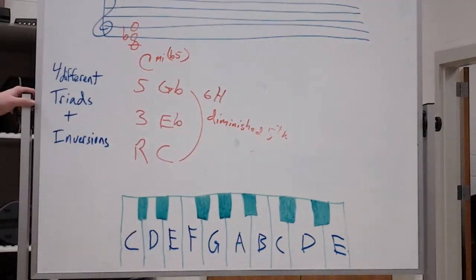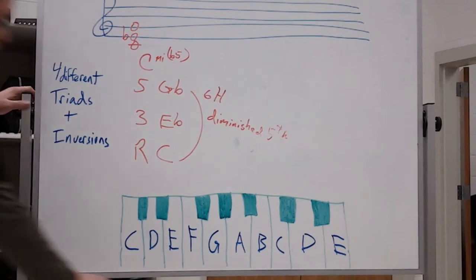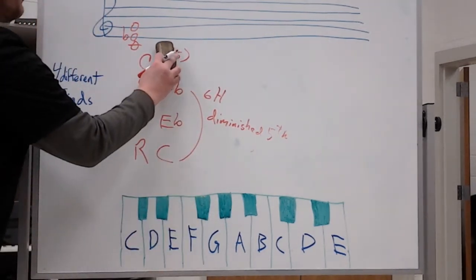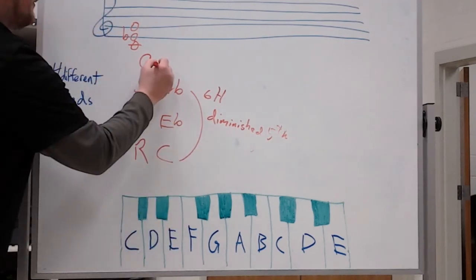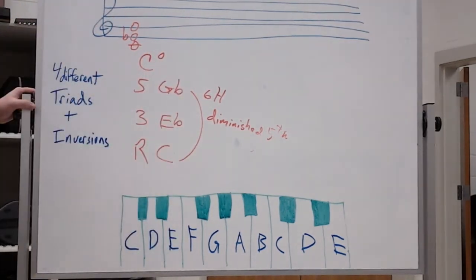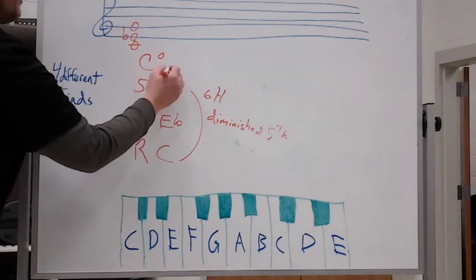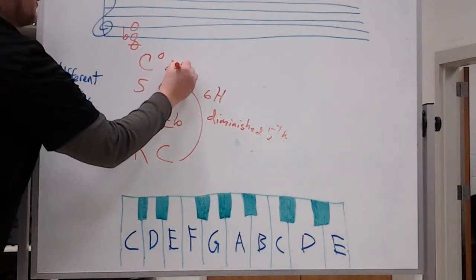Because of that name, diminished fifth, this triad is also known as a C diminished triad. This little circle above and to the right of the C is the symbol for a diminished triad. C diminished. This little circle means diminished.